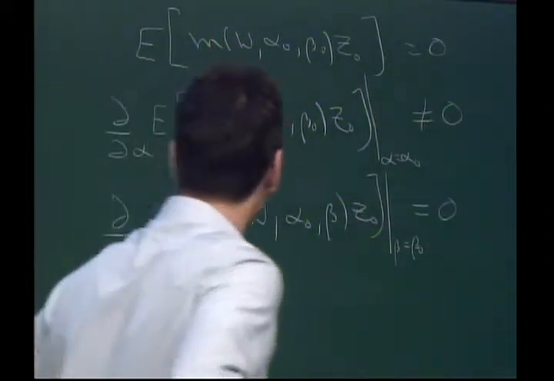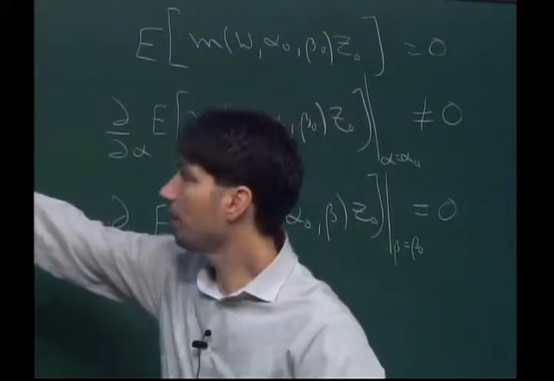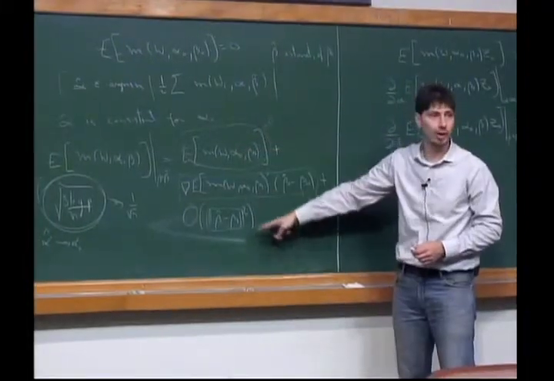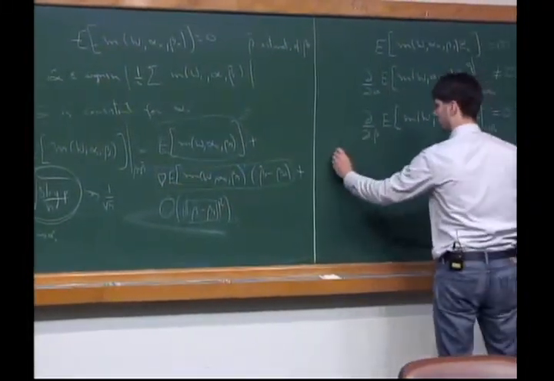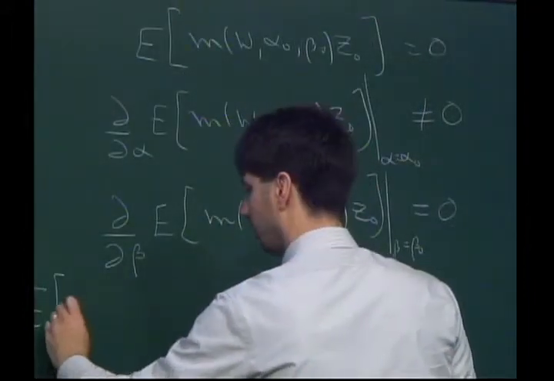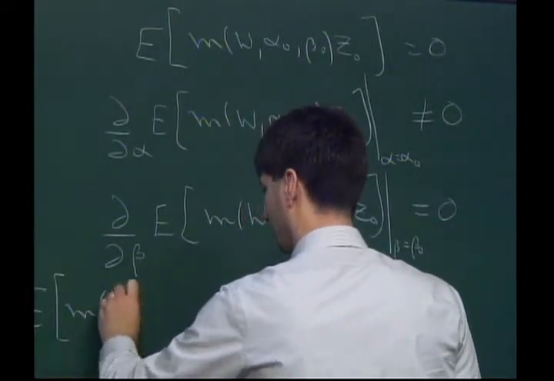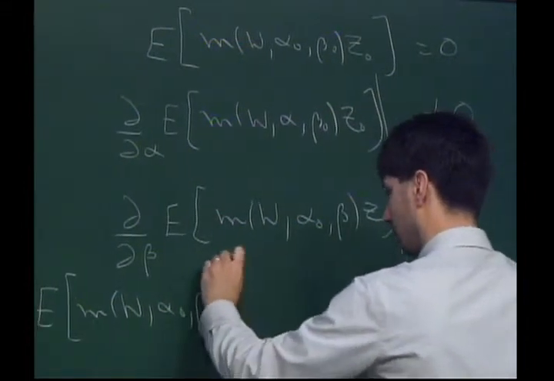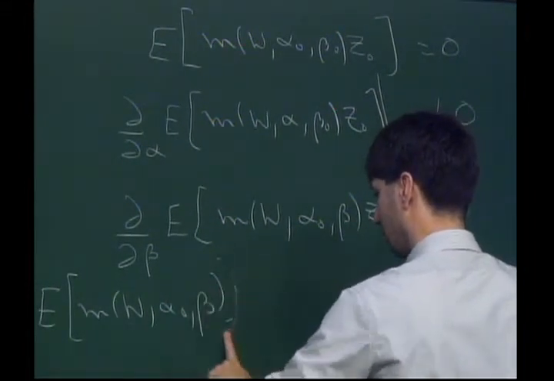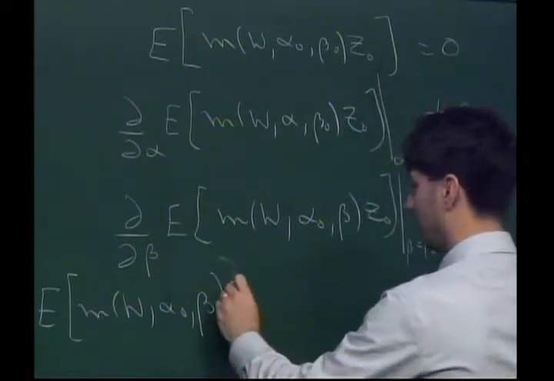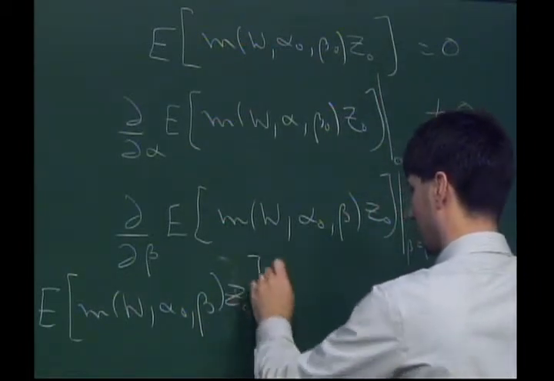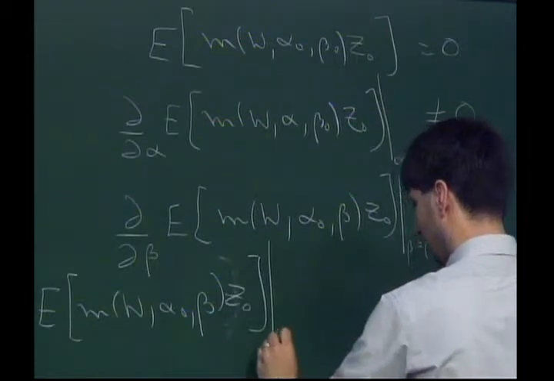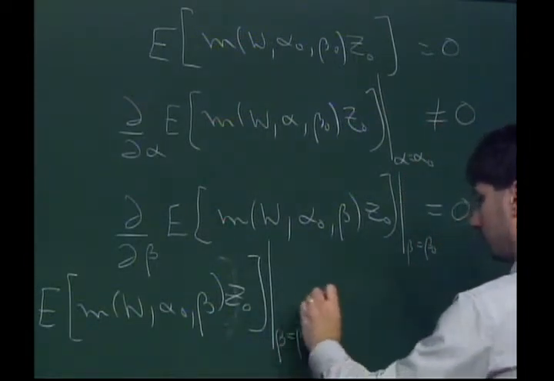So what happens now is that when I use a plug-in estimator and I try to redo this calculation, we go expected value of m w alpha naught beta. Now I'm going to do it for my new condition, evaluated at my plug-in estimator.